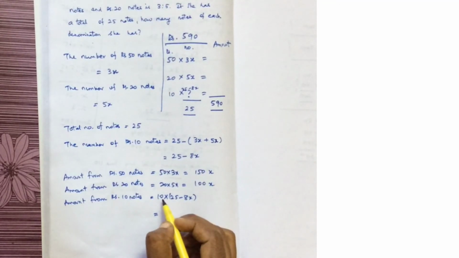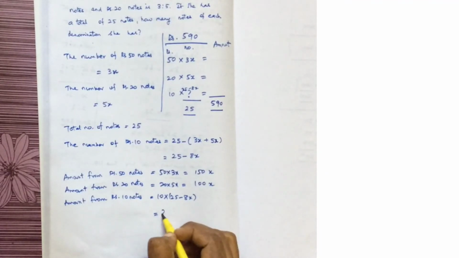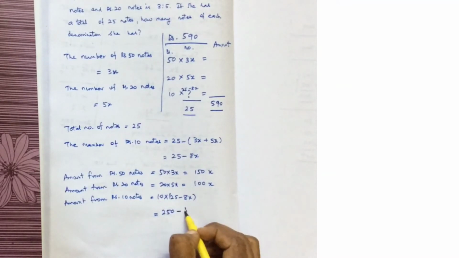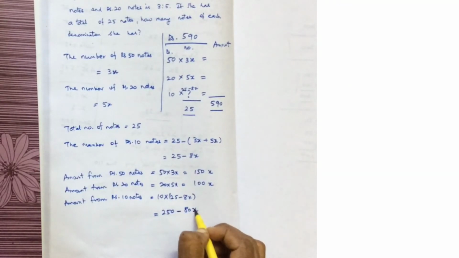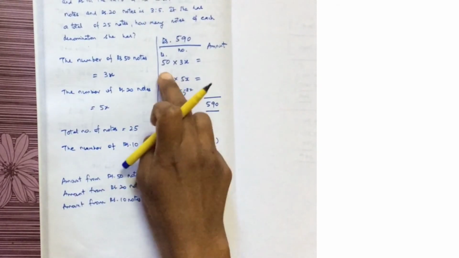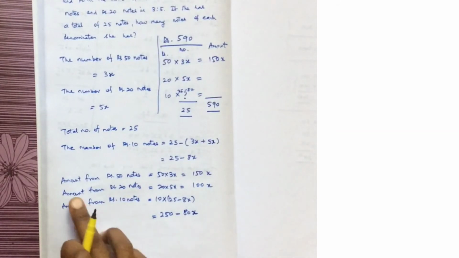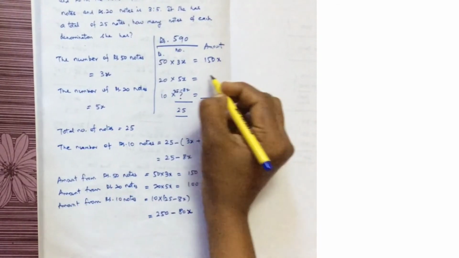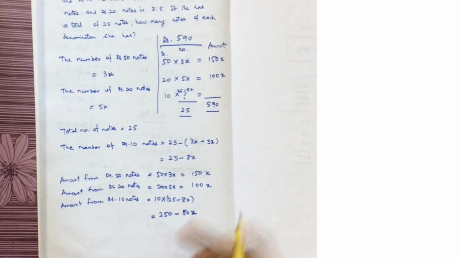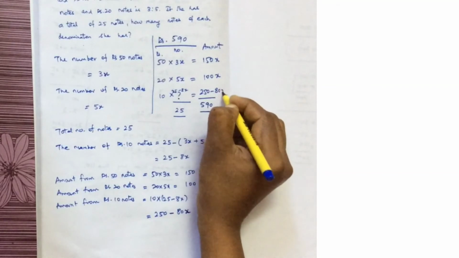You should multiply 10 with this 25. 10 multiplied by 25 is 250, minus 10 8s are 80x. So the amount from 50 rupee notes is 150x, the amount from 20 rupee notes is 100x, and the amount from 10 rupee notes is 250 minus 80x.